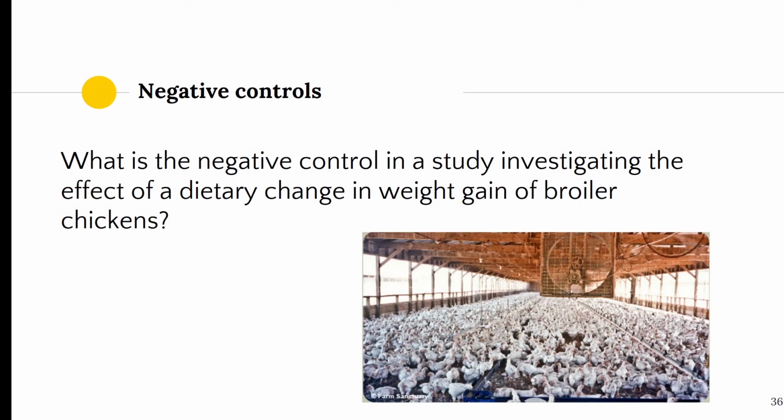Let's say we wanted to study the effect of different diets or dietary change in the weight gain of broiler chickens that are grown or raised for meat. Well, the negative control would just be the typical standard diet without modification. And because our null hypothesis is that this dietary change, whatever we're modifying, is going to have no effect on weight gain, to actually make that comparison, we need the typical standard diet.